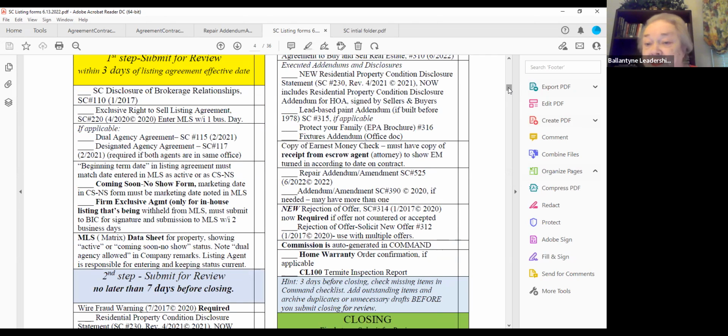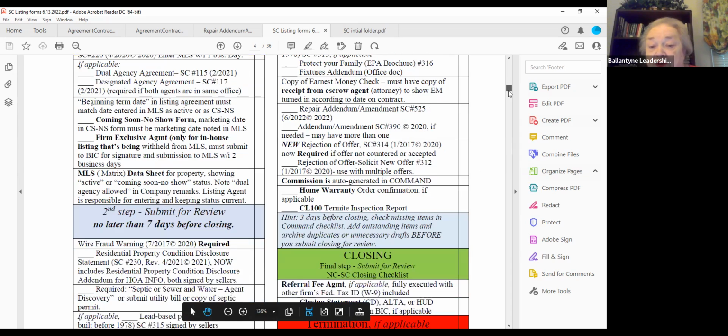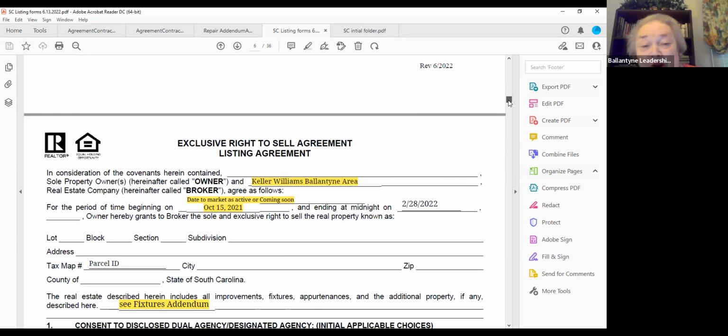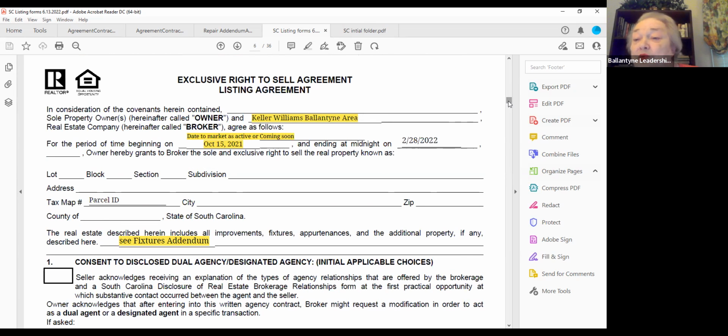As I said, you're going to go down the left side, and then you're going to come up here and go down the right side, and it'll give you a process or a timeline as to how you're going to use the forms. All right, let's scooch on down here now. I didn't intentionally leave that blank. It just was there. Now let's talk just briefly about our exclusive right to sell.